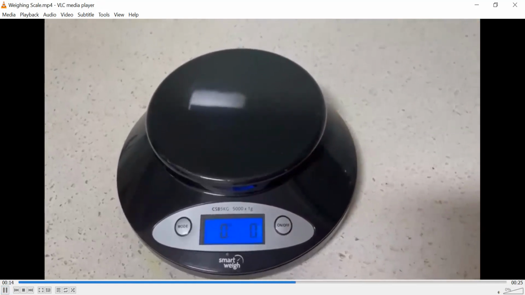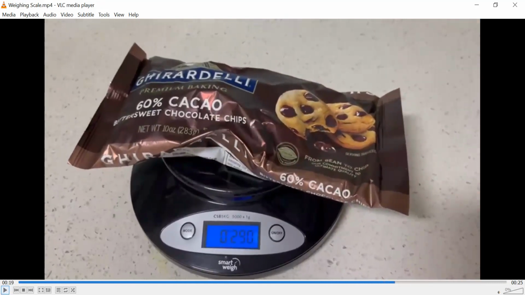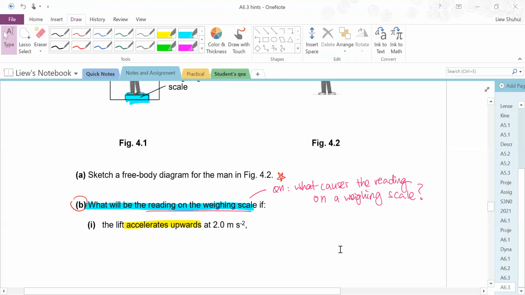So what a weighing scale really measures depends on the force that you exert on the weighing scale. What causes a reading on a weighing scale is actually the normal contact force by you on the weighing scale. So take note of that.